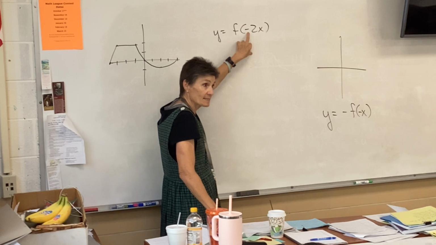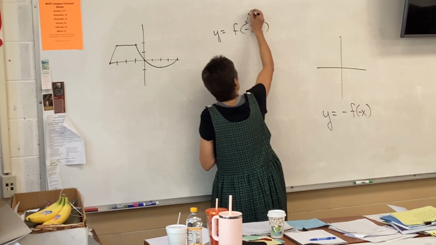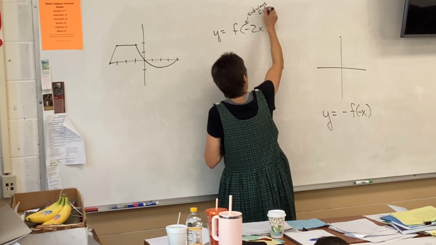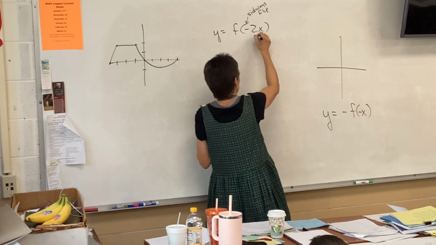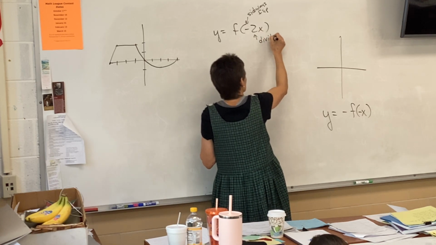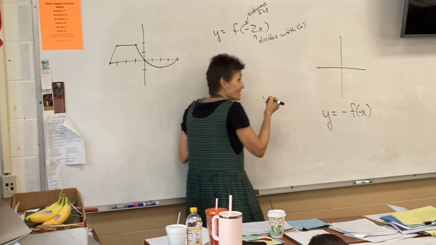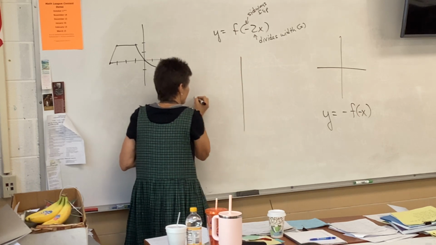That's going to cause a sideways flip. What does the 2 do? Actually, it's not the height, it is the width. It divides the width, the x.